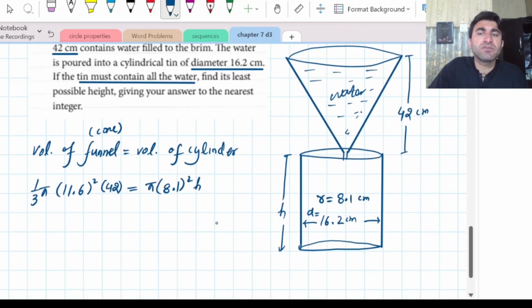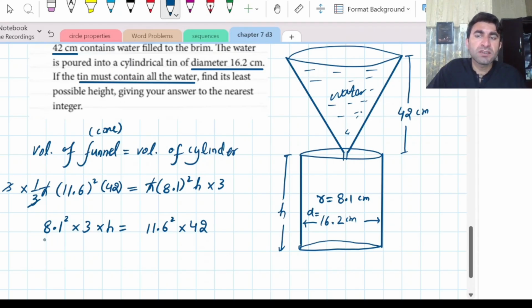Now we start simplifying it. First of all, let us multiply by 3 on both sides, so that this denominator 3 is cancelled out. Pi can also be cancelled out on both sides, so we are left with 8.1² multiplied by 3 multiplied by h, which equals 11.6² multiplied by 42.